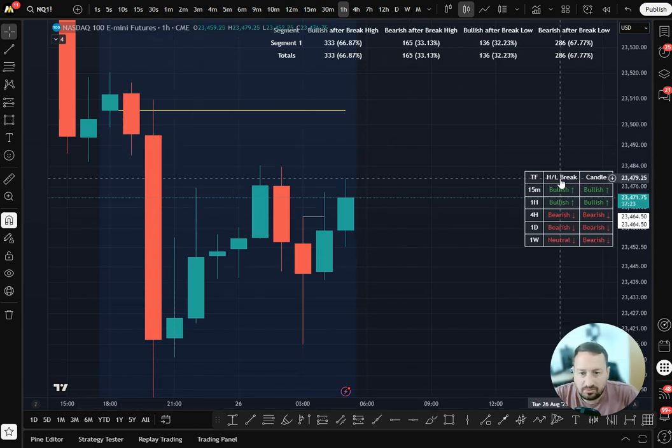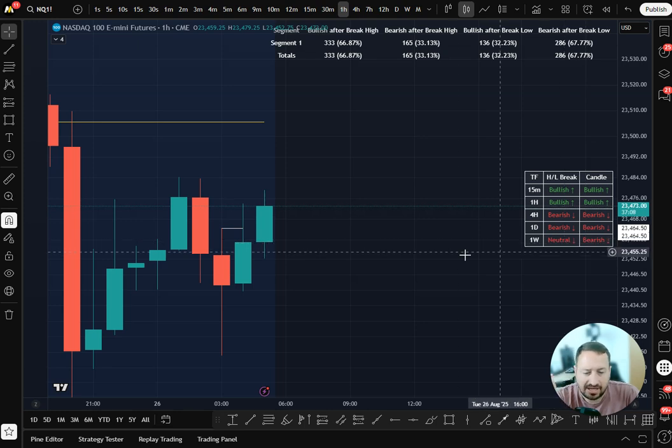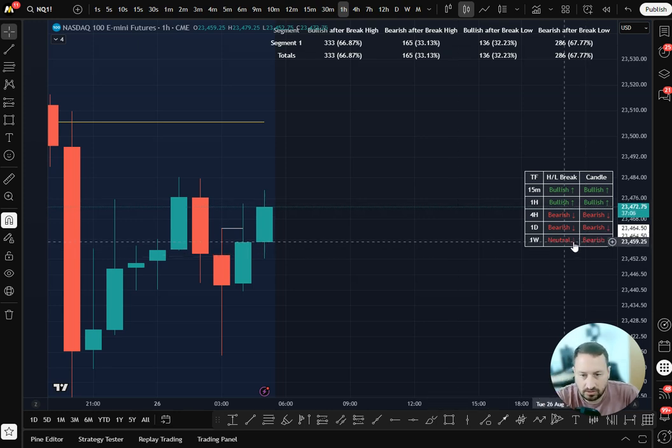What I've also built into this is a neutral state, for when we haven't taken the previous candle high or low. It'll look back to say, what was the previous candle to that, and what was the outcome of that? It'll change the color to say, okay, the trend was we were taking lows, so we're going to highlight it in red. You can see the weekly is currently neutral.